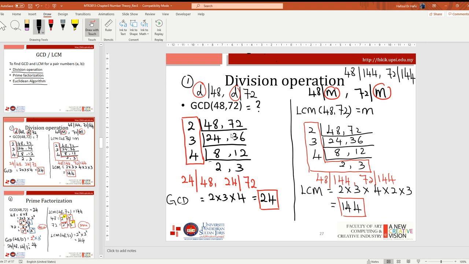For 48 and 72, we have 2 multiplied by 3 multiplied by 4, and we get 24. And then for the LCM of 48 and 72, we get 2 multiplied by 3 multiplied by 4, and then here 2 and 3 multiplied by 2 multiplied by 3. We get 144.